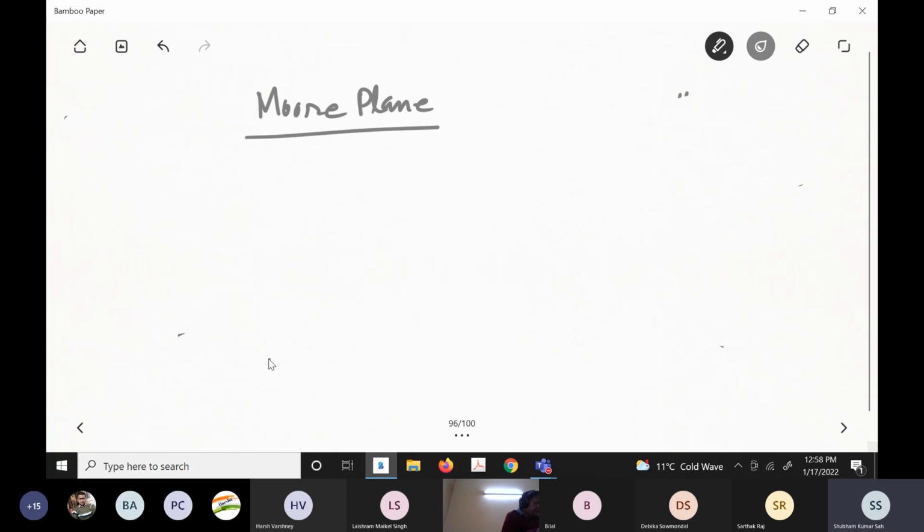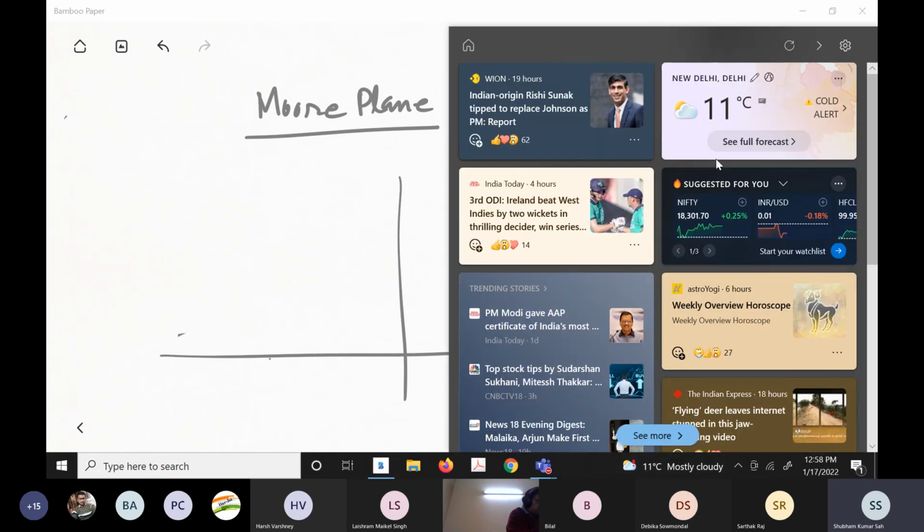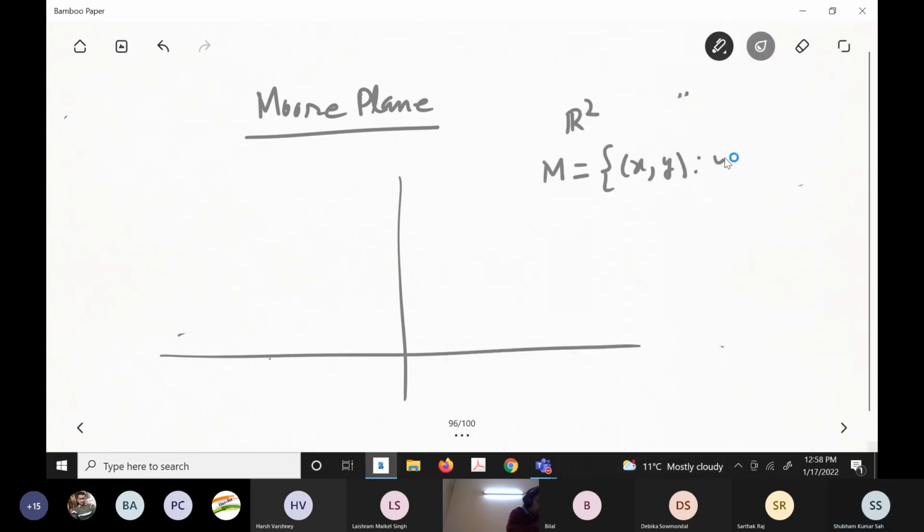What is the Moore plane? Now look, in the Moore plane we're taking only the upper half. That means in R square, if you call it M, we're taking the points (x, y) with y greater than or equal to 0.